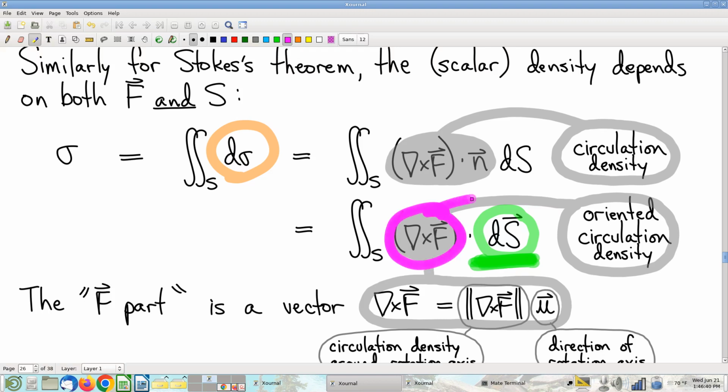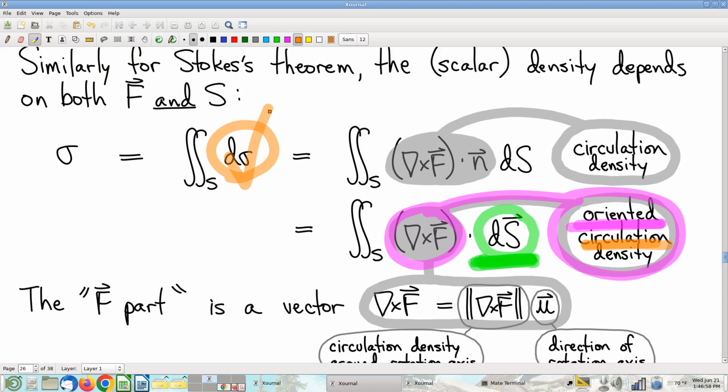likewise this is an oriented density, and specifically an oriented circulation density, because that's what we're computing. So I think it's a really nice way to think about curl. It is a density of sorts.